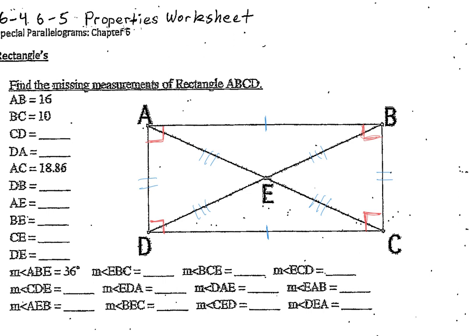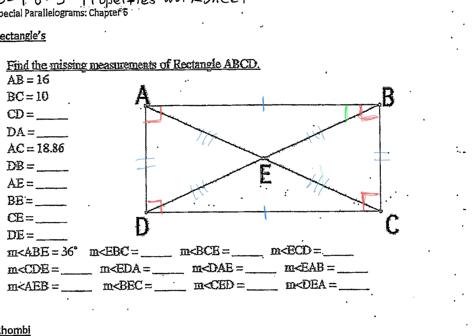We talked about how I know angle ABE is congruent to a few other angles in there. Do you know one of them? That would be angle EDC, alternate interior there. But also, based on the markings here, these two triangles are congruent.